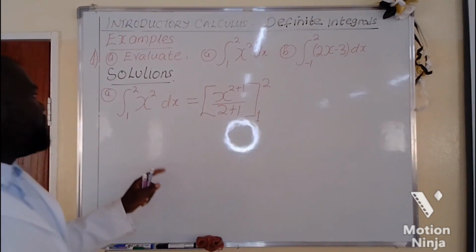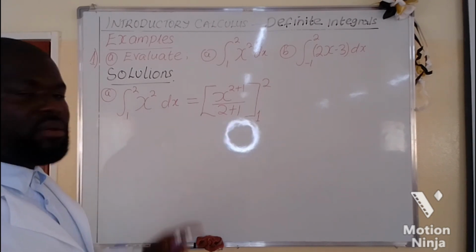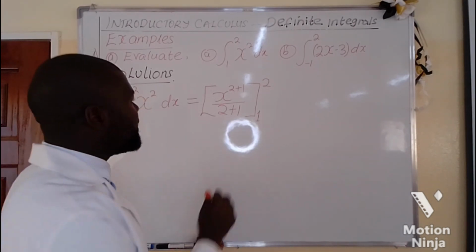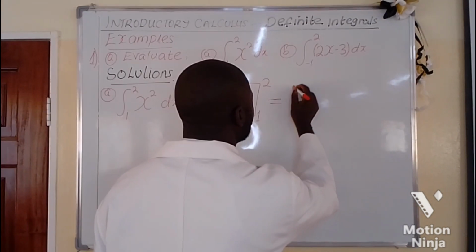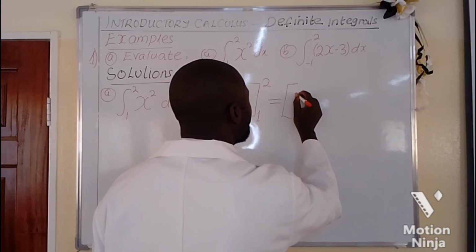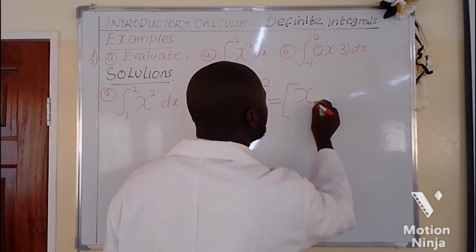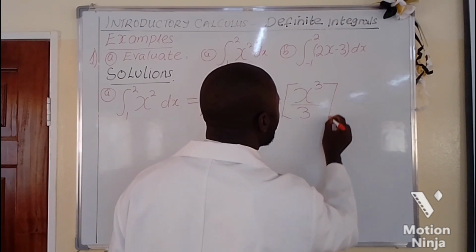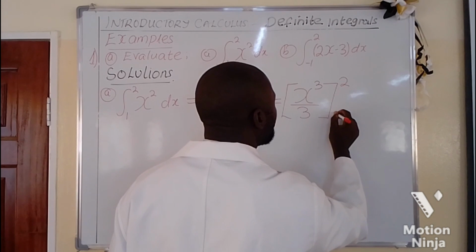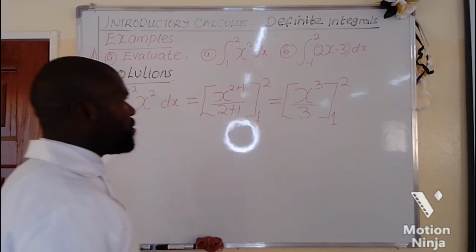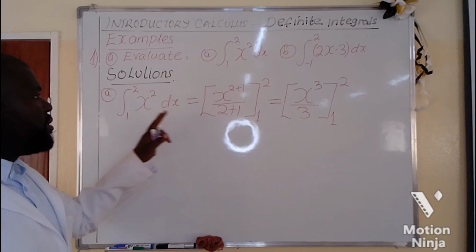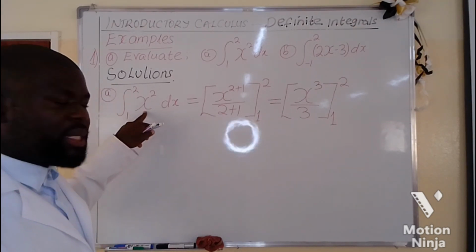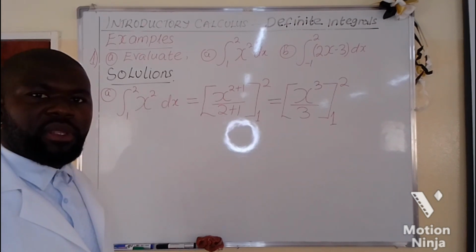This is the integral of x power 2 with respect to x. So we proceed as follows. x power 3 over 3, the limits 2 and 1. This is what we are getting after integrating the function x power 2.